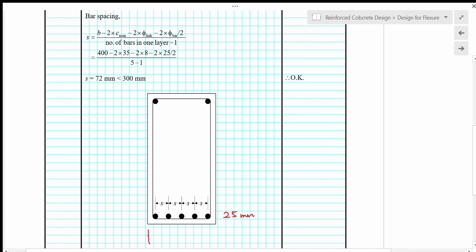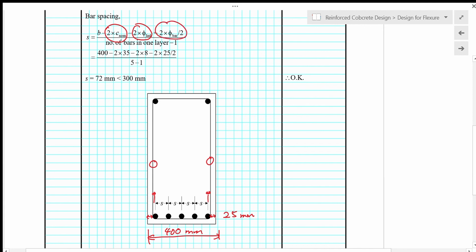Initially we have the width of 400 mm, and then we minus off the 2 nominal concrete cover, and then we minus off 2 times the link diameter, and then we minus off 2 times half diameter of the main bar.